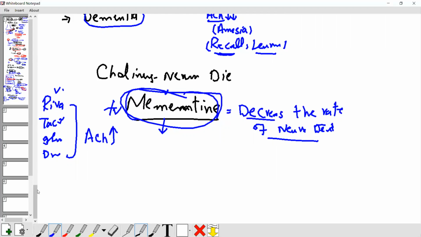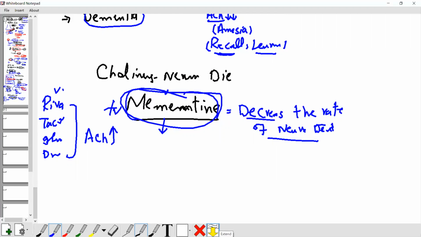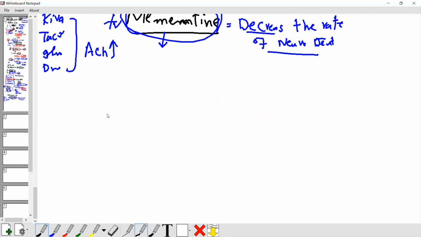Okay, so those are the uses of rivastigmine, tacrine, and galantamine. What is the use of ecothiopate? Another drug, irreversible acting, ecothiopate. This drug completely blocks.